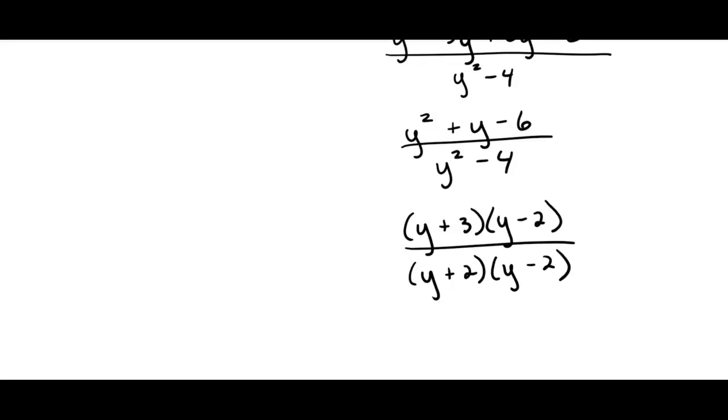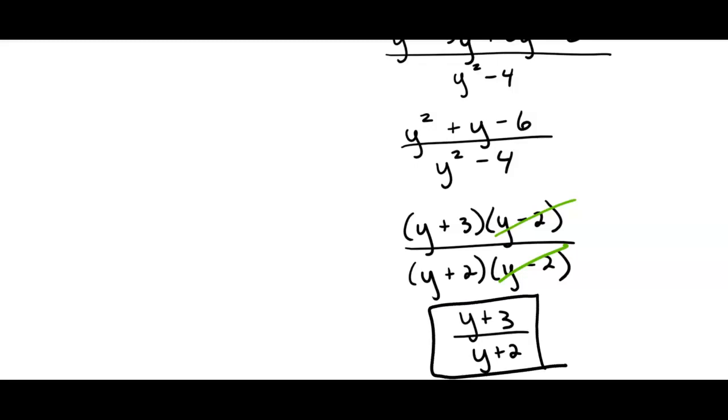Okay, so now I have the numerator factored, the denominator factored. There is a like term that can cancel, so I'm going to cancel the y minus 2. And then my final answer in this case is going to be y plus 3 over y plus 2. So they're pretty fun, but they do take a little while and a little paper.